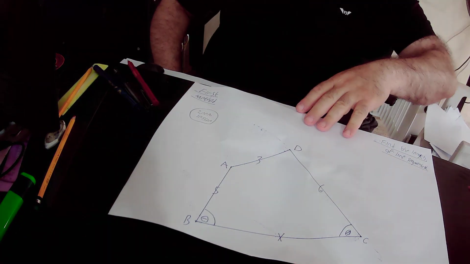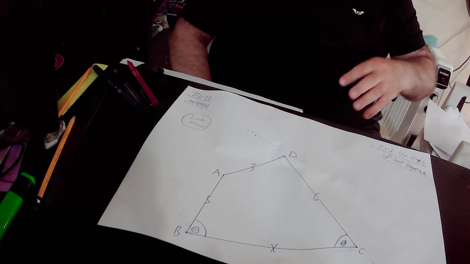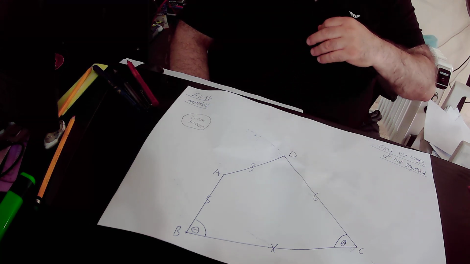Hello, in this lecture we will find out the length of line segment X using two different methods. In the drawing we have quadrilateral ABCD.